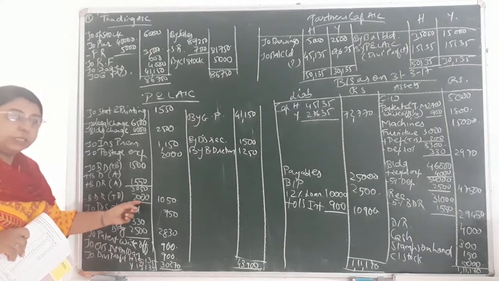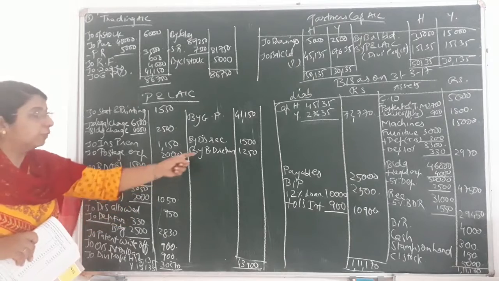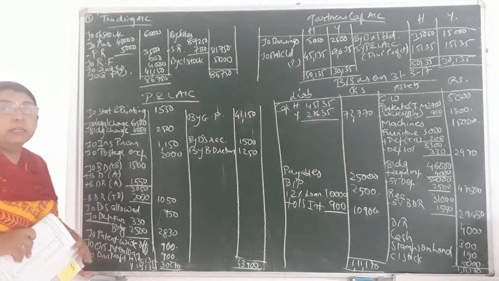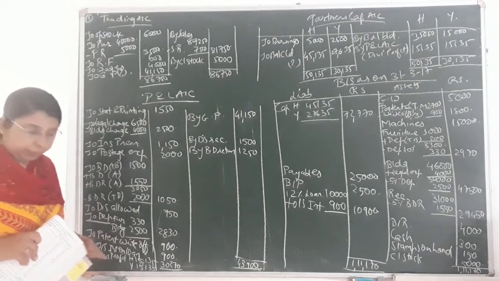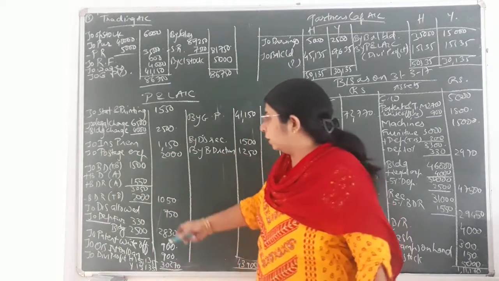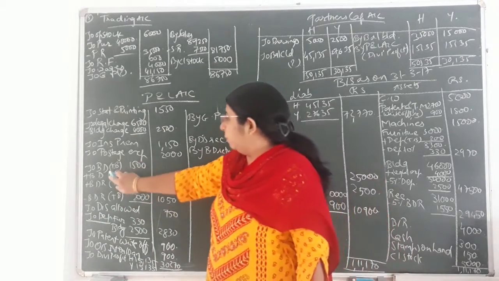It means it has a credit balance. Ultimately we have given a credit effect only. If you have subtracted from the debit side, it means ultimately the credit effect has been given. So bad debts balance is 1,500, and bad debt reserve is 2,000.